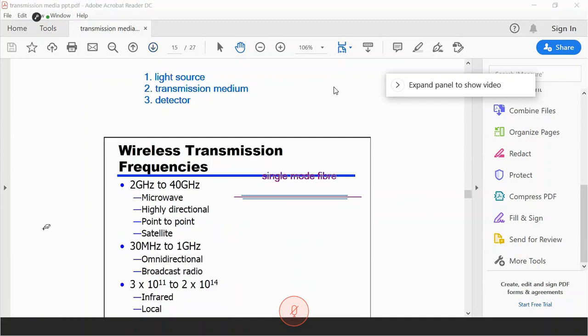Next is the unguided transmission. Unguided transmission is basically wireless transmission. The history of wireless transmission began in the Hawaiian Islands. We can go to that some other time. We're discussing here the electromagnetic spectrum.